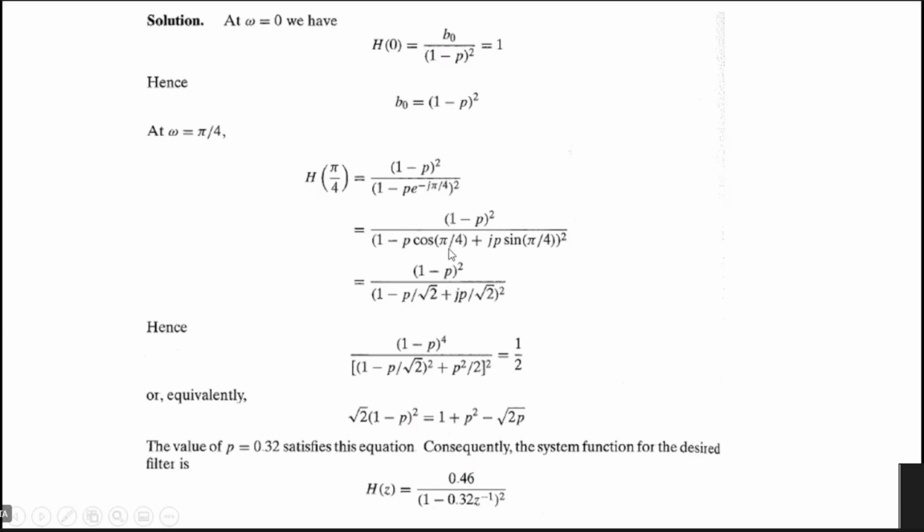Okay, we are just putting the values of cos pi by 4, it is 1 by root 2. Okay, and sine pi by 4, it is 1 by root 2.